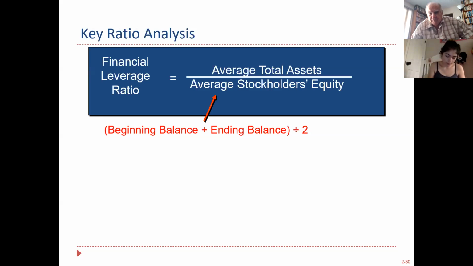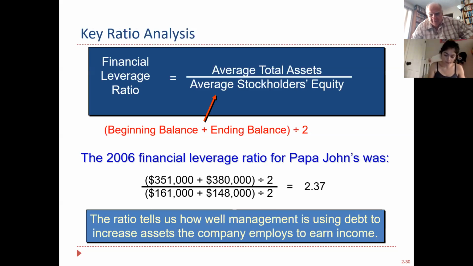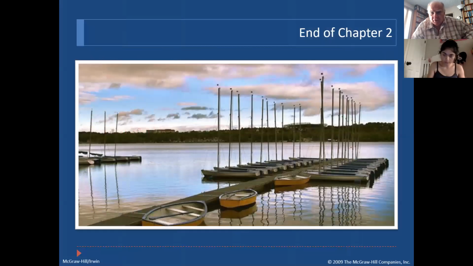If you take your average assets divided by average equity, you get a number. In this case, you get $2.37. That means for every dollar of equity, they've got $2.37 worth of assets. I'm going to skip the ratios a little bit.